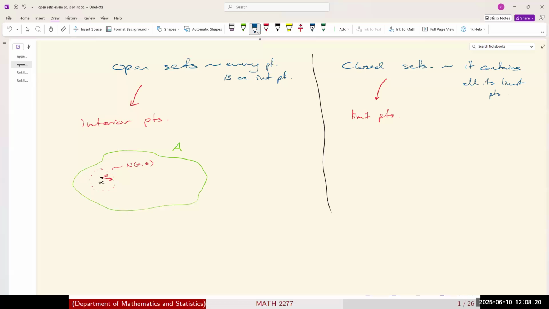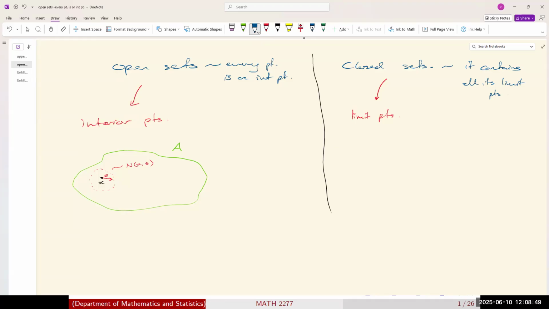So we're going to talk about the closed sets today and limit points. Now, the first definition that we'll see in a few minutes does not have anything to do with limit points. I said here a set is closed if it contains all its limit points. But there's actually another way of defining what a closed set is without even talking about these limit points.